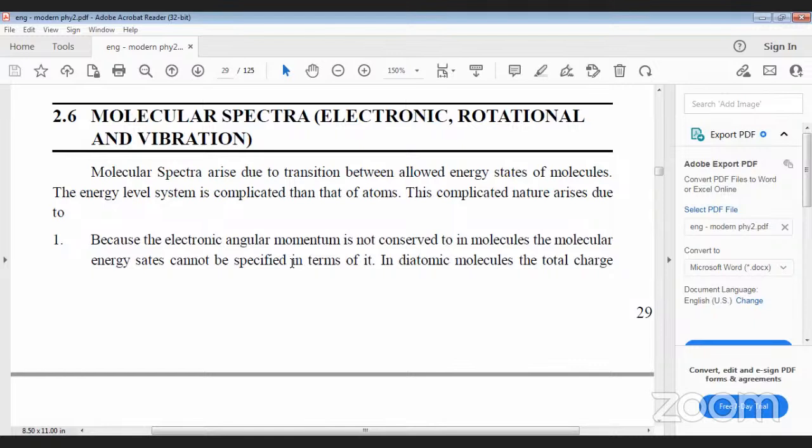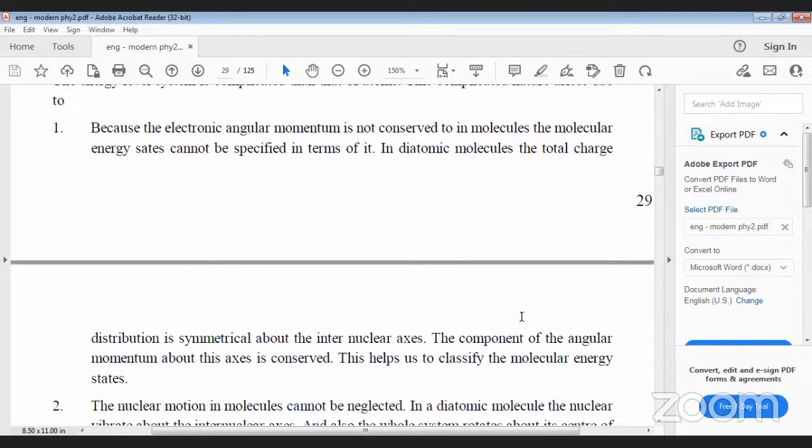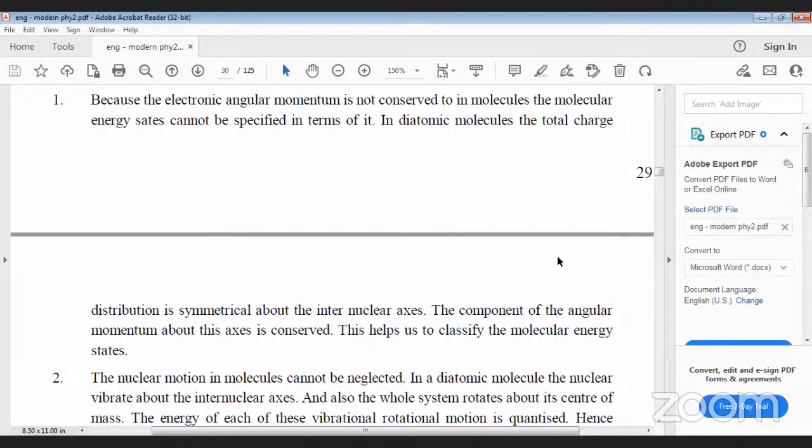So here the energy level is more complicated than that of the atom. This is because electronic angular momentum is not conserved in molecules. The molecular energy state cannot be specified in terms of that. For a diatomic molecule, di means two atoms are there.